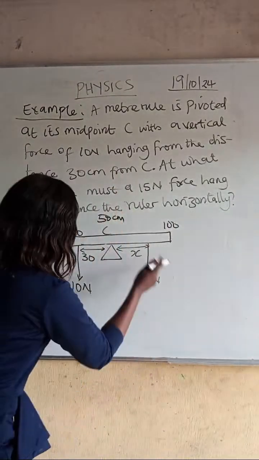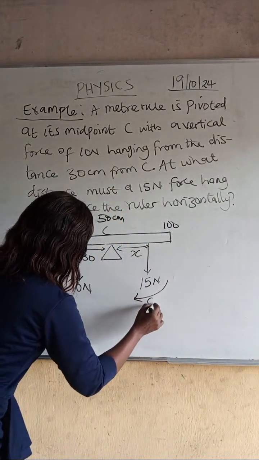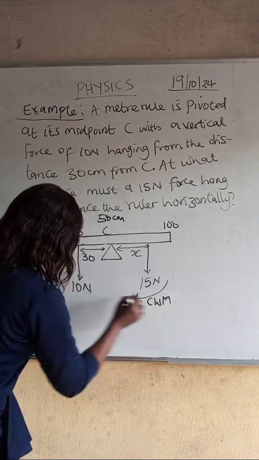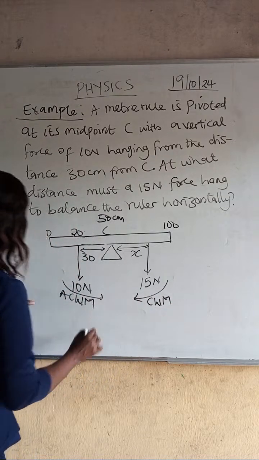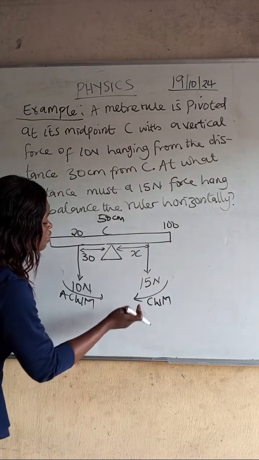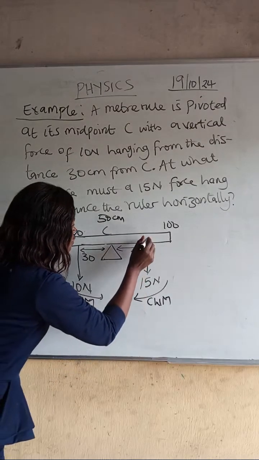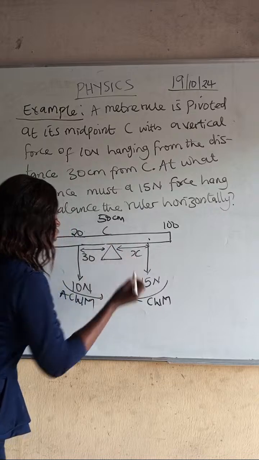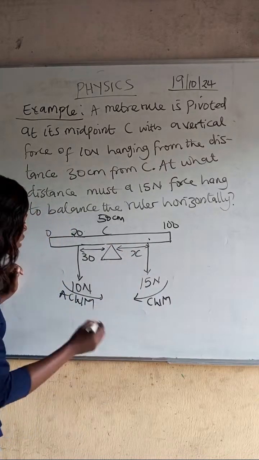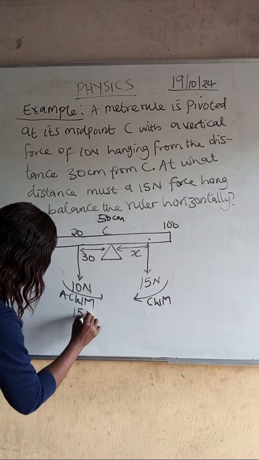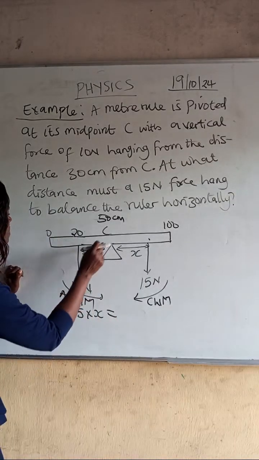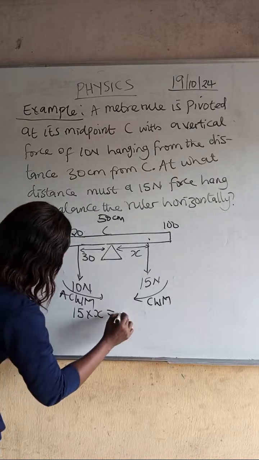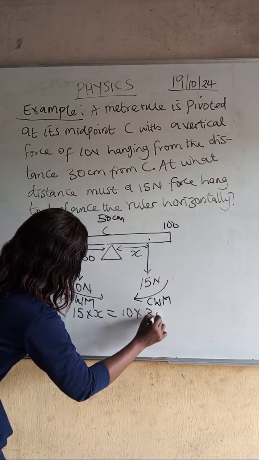Okay, so this is clockwise, while this is anti-clockwise. The clockwise moment here is 15 times the distance from here to here, which is x, and that is what you are looking for. So we say 15 times x is equal to 10 times the distance from here to here, which is 30.